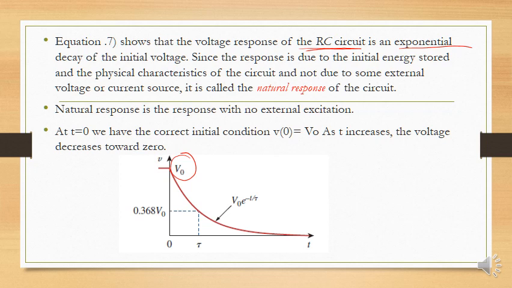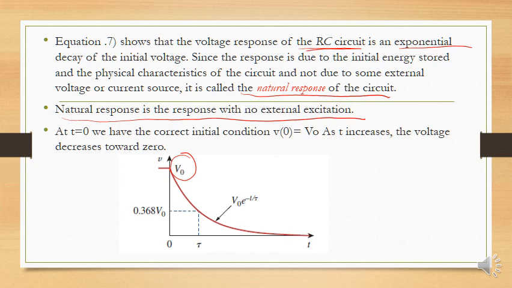It means that the physical characteristics of our circuit are due to some additional charge which was present at the state when we started analyzing our circuit, and this response is called the natural response of the circuit. The natural response is the response with no external excitation.